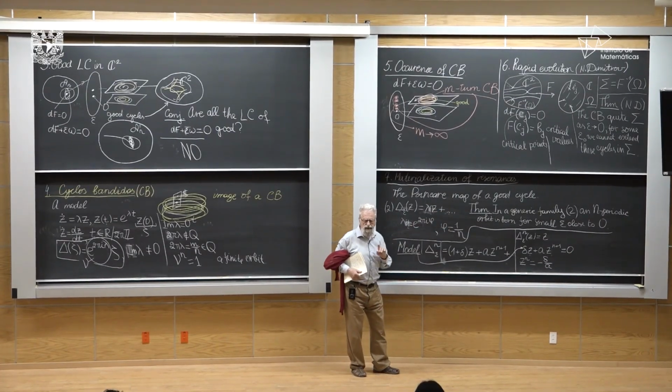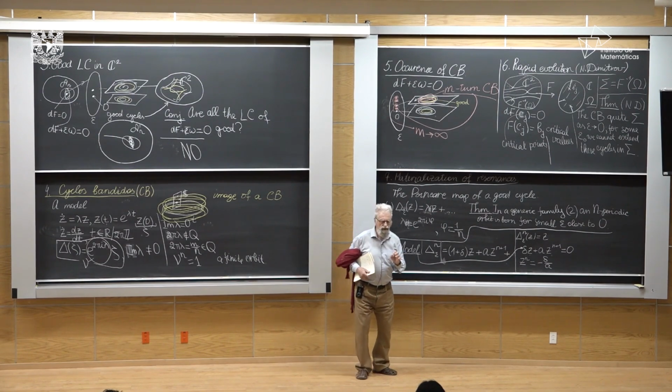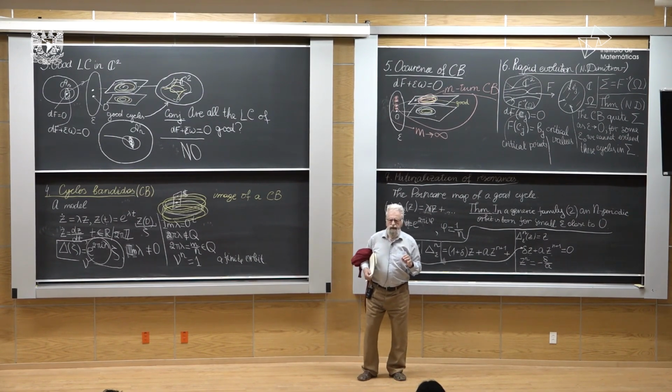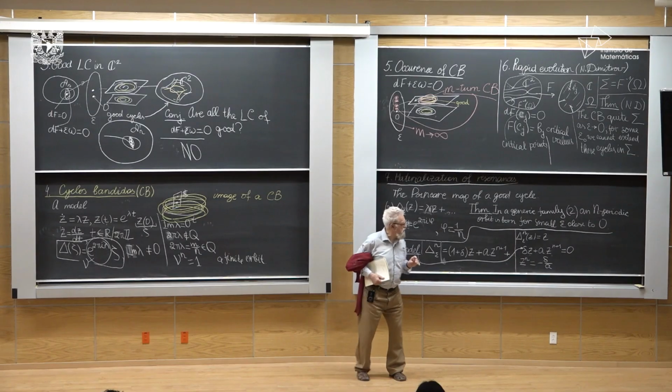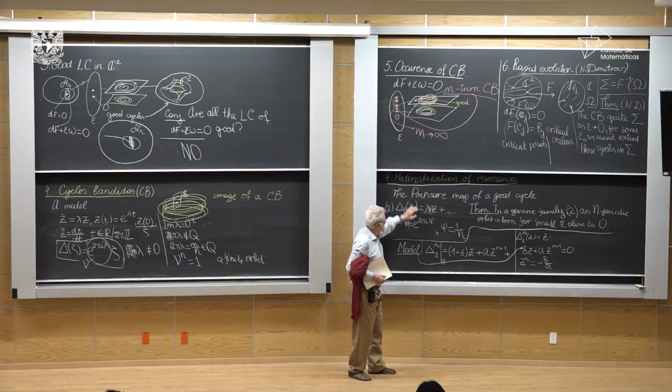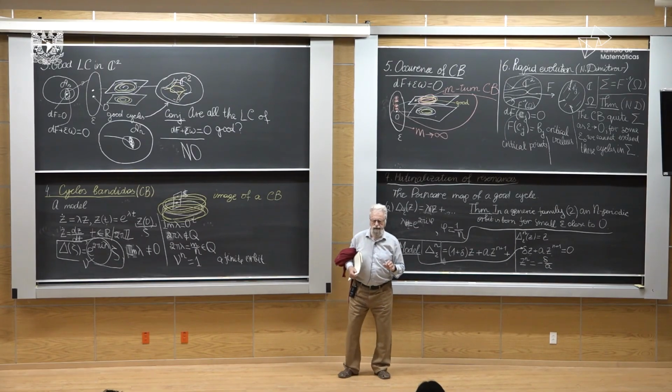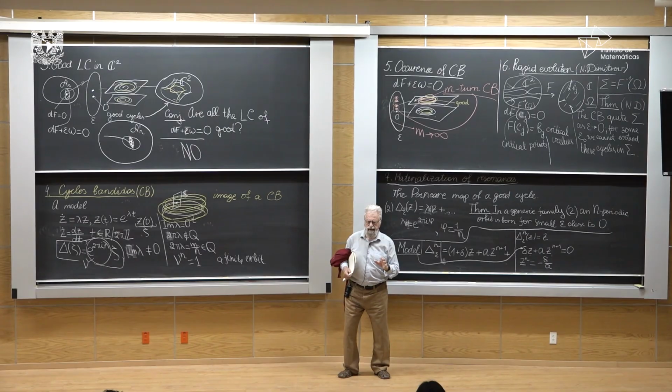So this is a different situation. Materialization of resonances that I described here is of a different nature, different behavior, than splitting of a multiple limit cycle into several limit cycles.